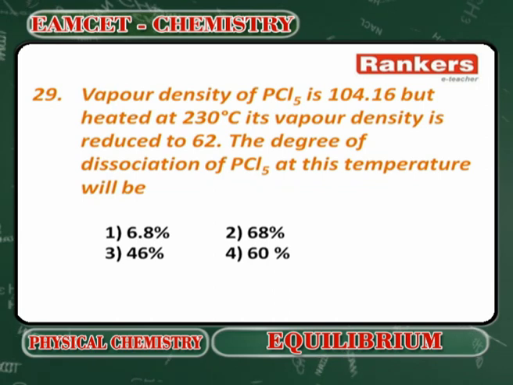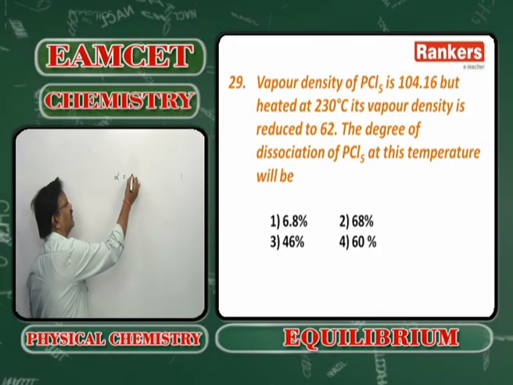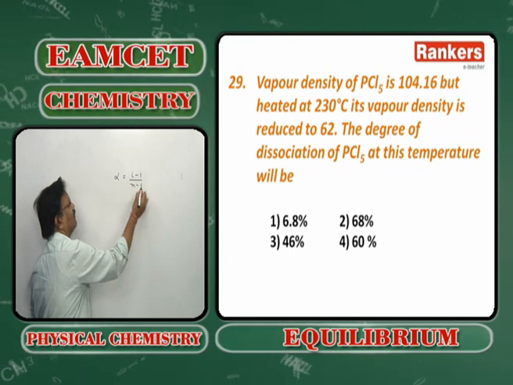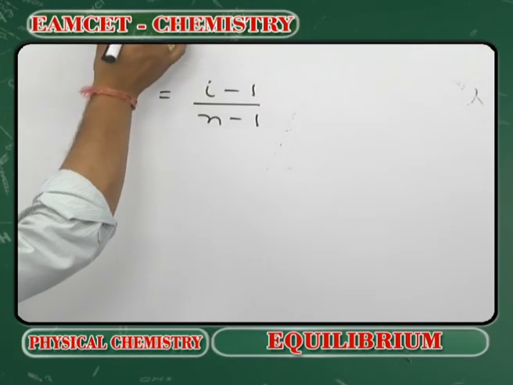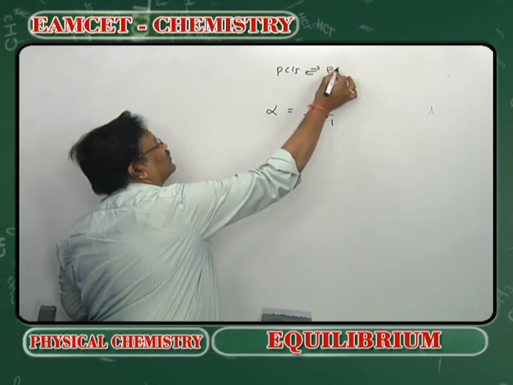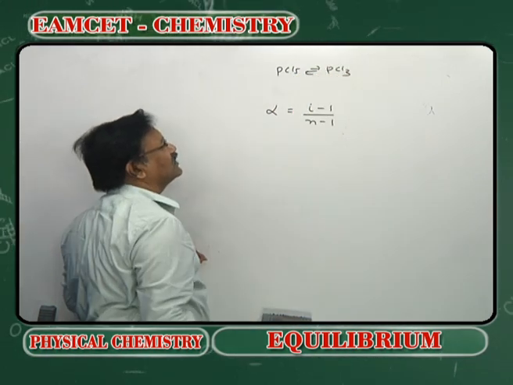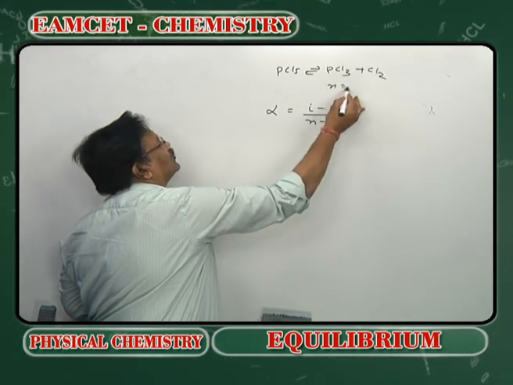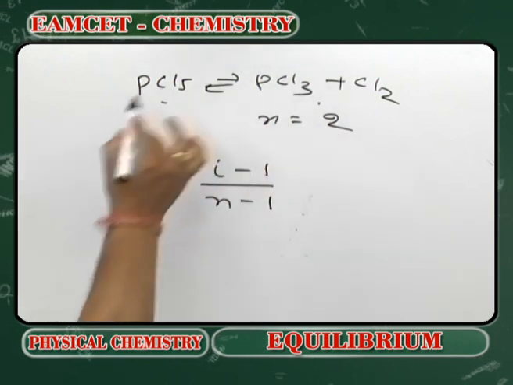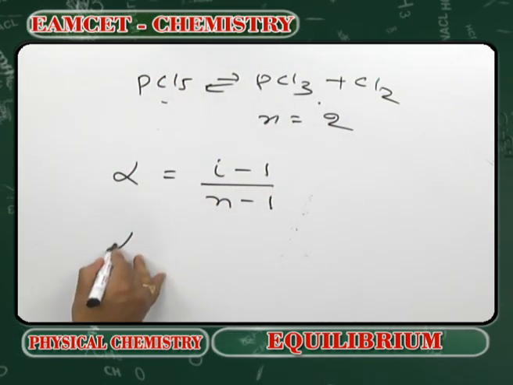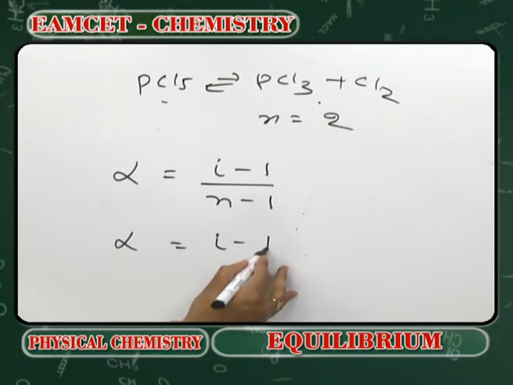What is the relation between the Van't Hoff factor and the degree of dissociation? Alpha is equal to i minus 1 by n minus 1. Here, when PCl5 dissociates into PCl3 plus Cl2, what is the n value? 2, because 1 mole on dissociation is giving rise to 2 moles. So alpha is equal to i minus 1.